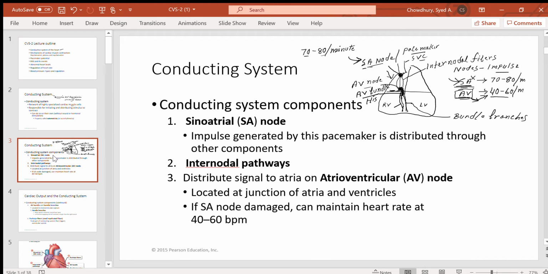They move down through the interventricular septum. The right one enters the wall of the right ventricle and branches like this. The left bundle branch also enters the left ventricular wall and gives branches. These branches are called Purkinje fibers.